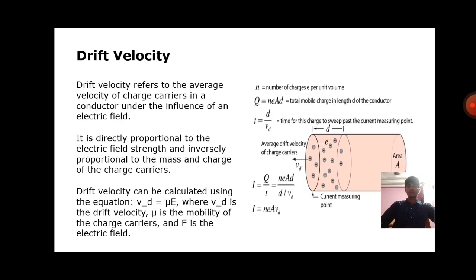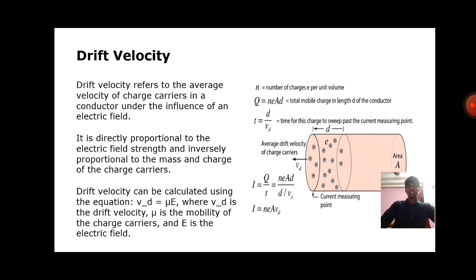electric field. Drift velocity. Drift velocity refers to the average velocity of charge carriers in a conductor under the influence of an electric field. It is directly proportional to the electric field strength and inversely proportional to the mass of the charge carrier.